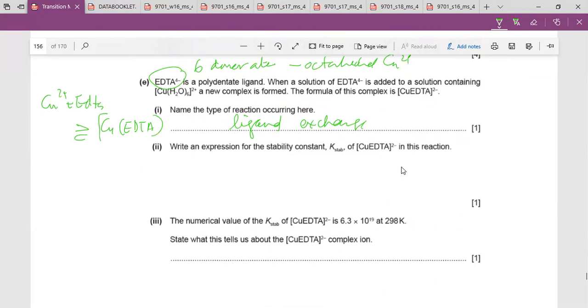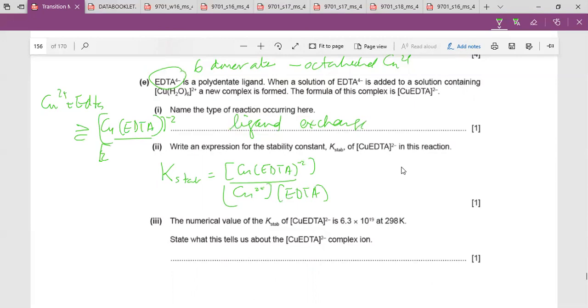This whole thing is minus 4 plus 2 is minus 2. So your K stab is equals to copper EDTA, charge minus 2, over copper 2 plus and EDTA. Okay, the value for this is this one.